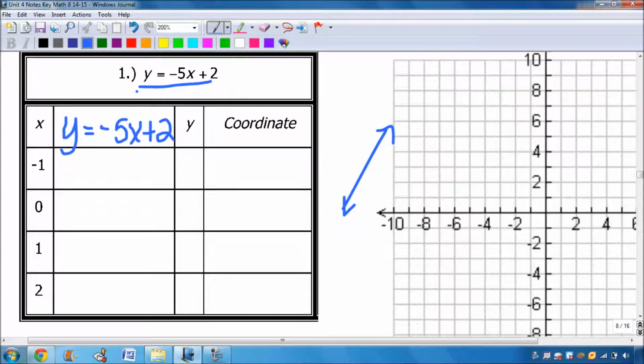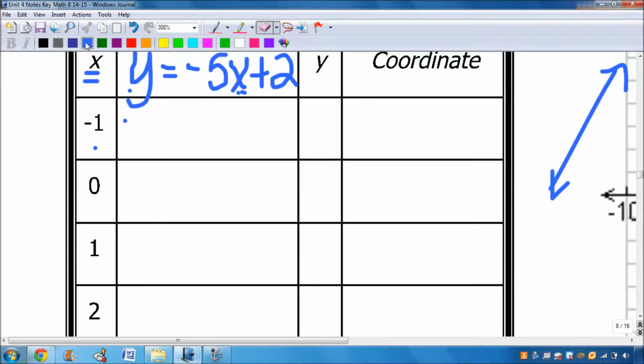So here, this is all my x values. If I want to figure out what y is equal to, every time I see an x, I'm going to replace it with this x value right here, which is negative 1. Since I know that x is negative 1, I'm going to use this equation to figure out what y is.